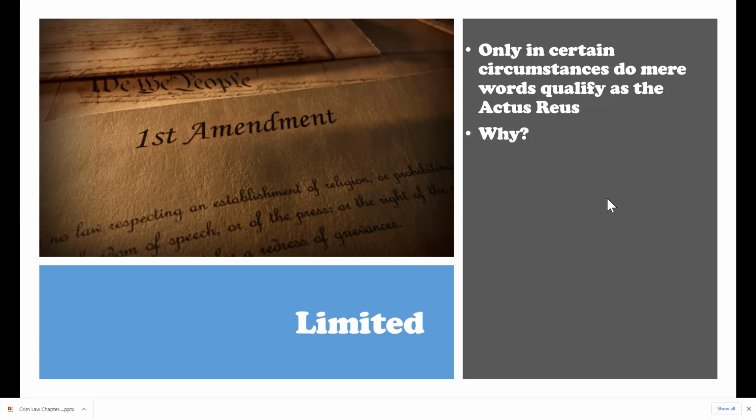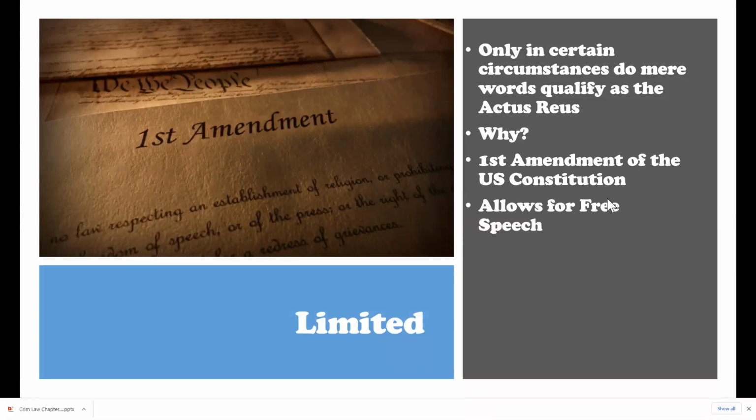No right is absolute. We don't have an absolute right to say anything we want whenever we want. So the government can pass laws to restrict our words, but it's very limited because of the First Amendment that allows for free speech.